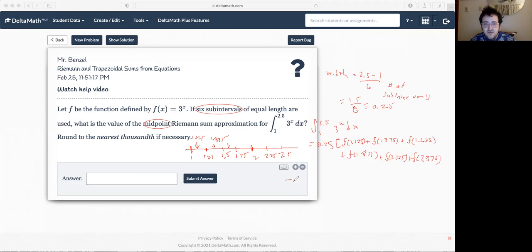And if we want to actually see what this looks like in terms of our equation, this is going to be 0.25 times 3 to the 1.125 plus 3 to the 1.375 plus 3 to the 1.625 plus 3 to the 1.875 plus 3 to the 2.125 plus 3 to the 2.375.